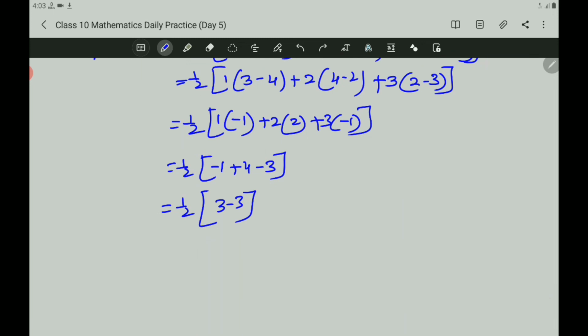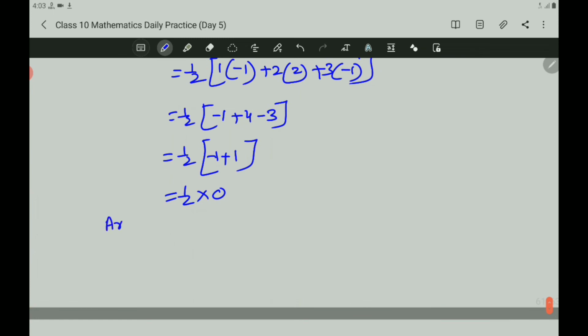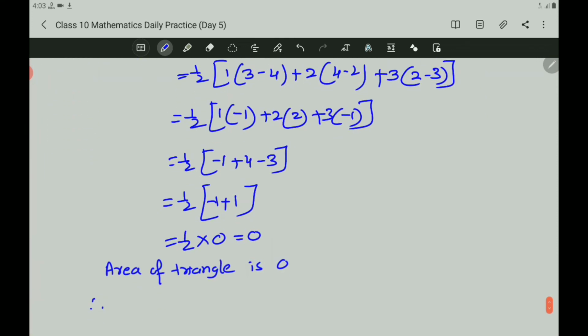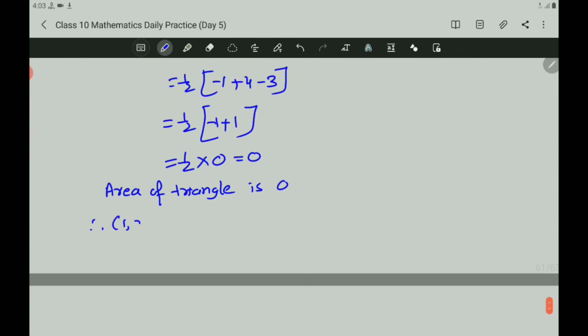Then half into (minus 1 plus 1) is 0. So you will get area of triangle equals 0. Therefore the points (1, 2), (2, 3) and (3, 4) are collinear.